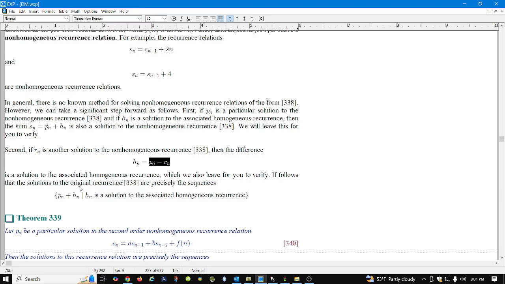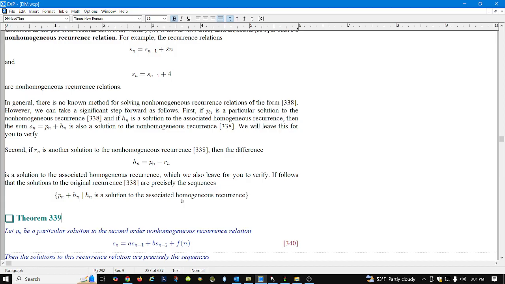Therefore, we know that all of the solutions to the original recurrence, the non-homogeneous one, are precisely sequences of this form, where Pn is any one particular solution to the recurrence, and Hn is any solution to the associated homogeneous recurrence.